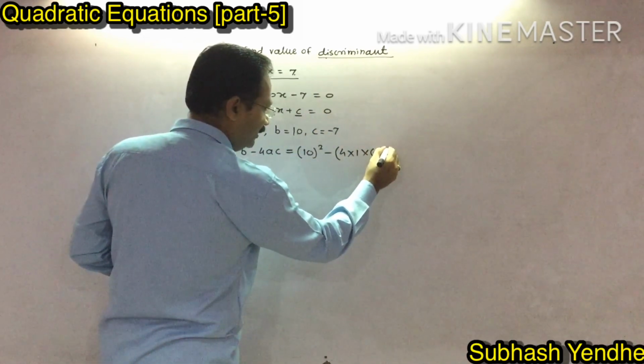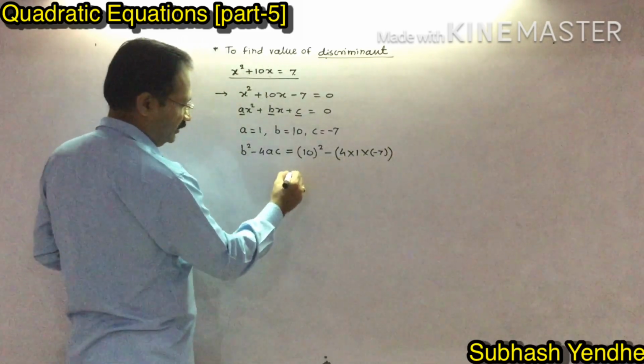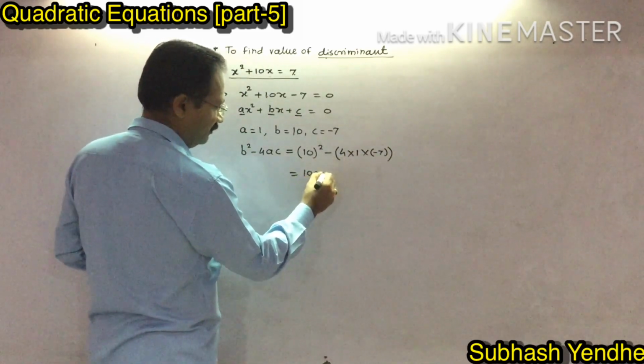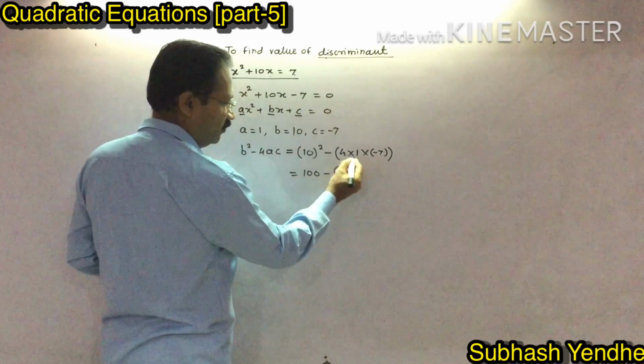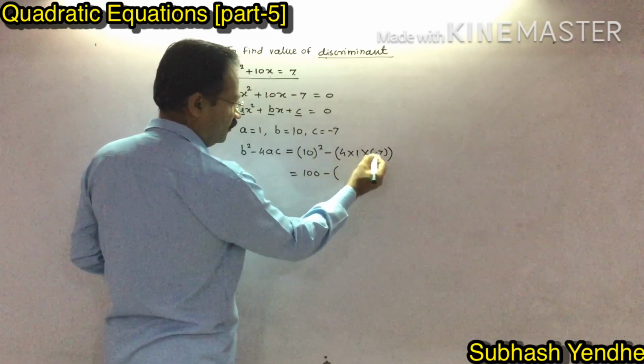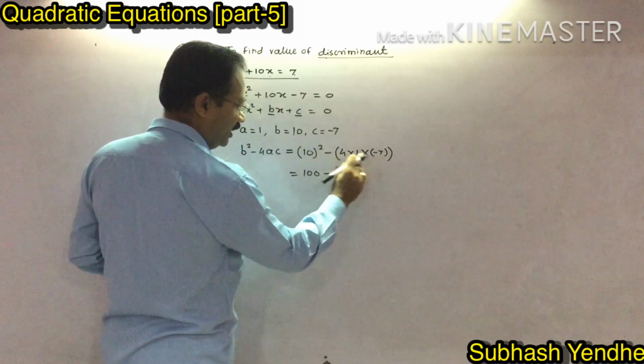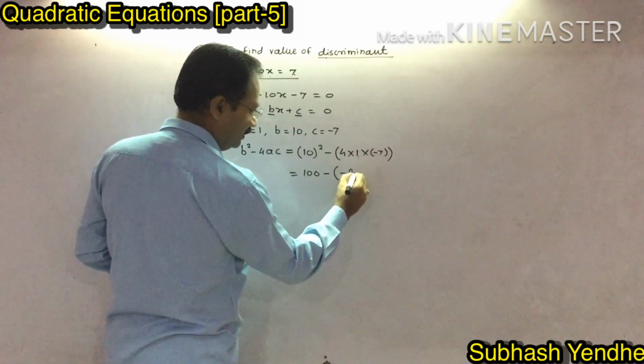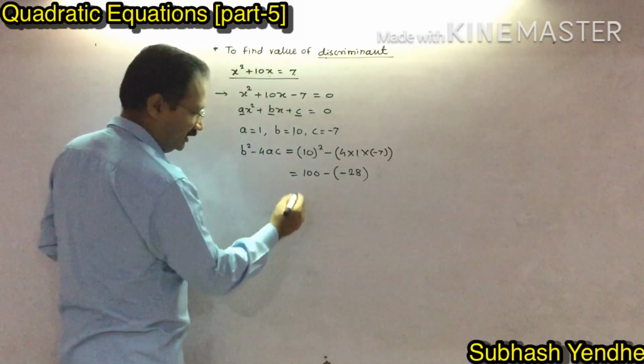So 10 square is 100 minus, again in bracket, 4 ones are 4, 4 sevens are 28, so it will be minus 28.